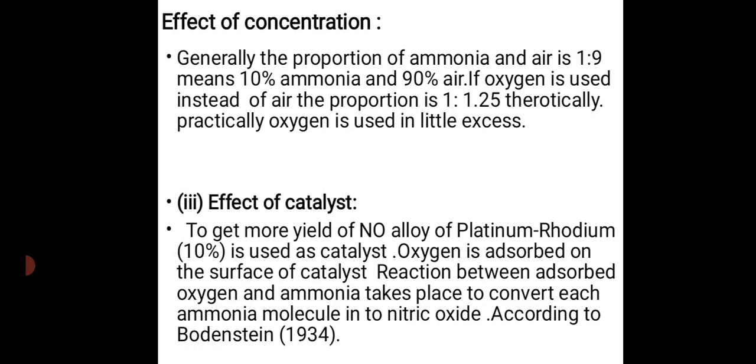To get more yield of NO, an alloy of platinum rhodium 10% is used as a catalyst. Oxygen is adsorbed on the surface of the catalyst. Reaction between adsorbed oxygen and ammonia takes place to convert each ammonia molecule into nitric oxide, according to Bernstein in 1934.